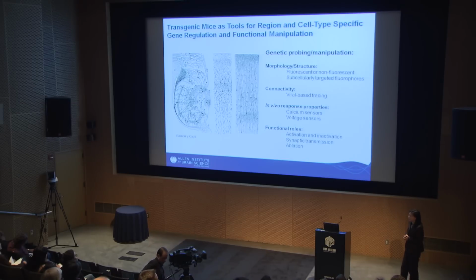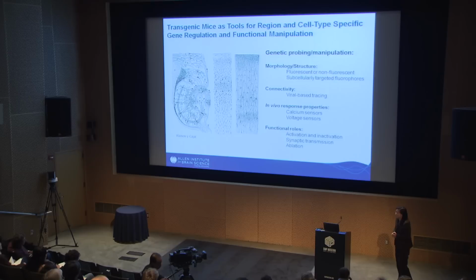But just for the time being, at least, and for even the foreseeable future, there's no question that using genetic approaches in model organisms such as mice is probably the most viable approach to try to understand the components of a circuit and how each component contributes to the overall function of the circuit.